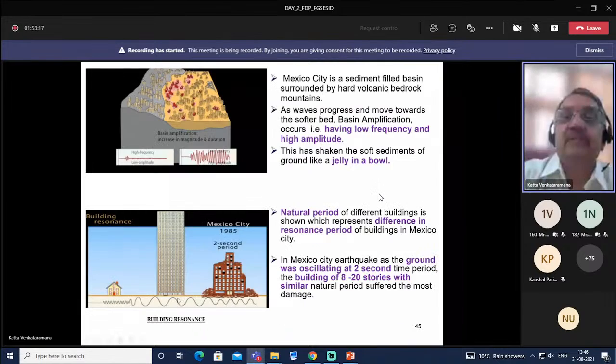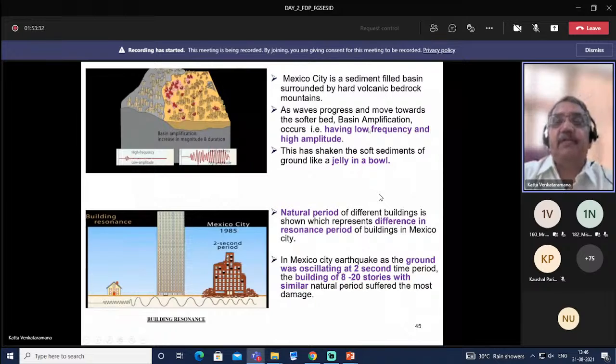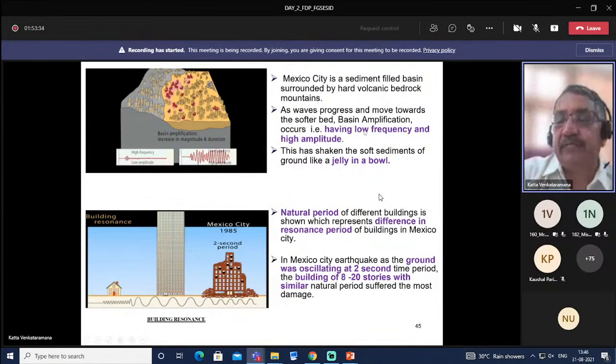However, Mexico City is a sediment-filled basin surrounded by bedrock mountains. As waves progress and move toward the softer bed, basin amplification occurs, having low frequency and high amplitude.